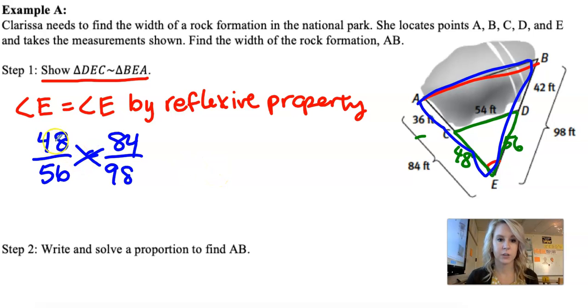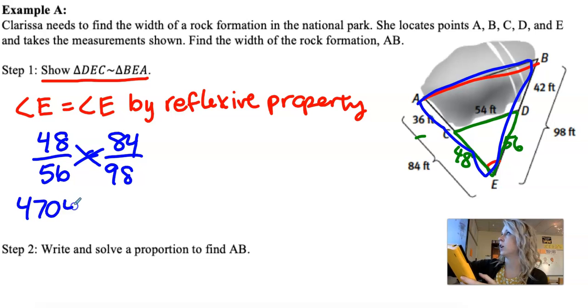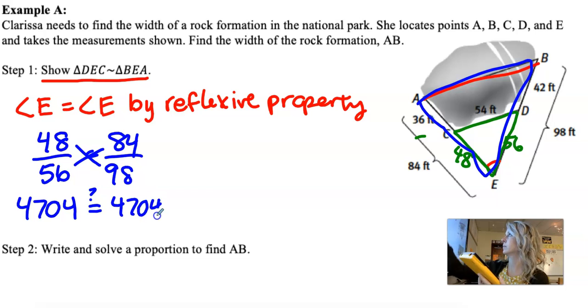So let's try it. So 48 times 98. 48 times 98 is 4,704. I'm going to see if that equals my other two multiplied, 56 times 84, and it does. Okay, so since my numbers equaled out, I know my sides are proportional.